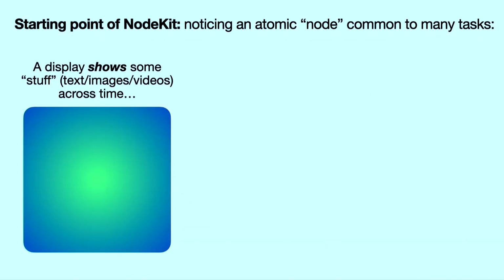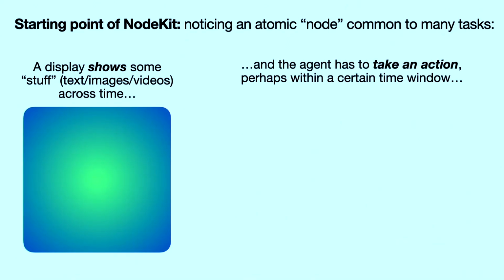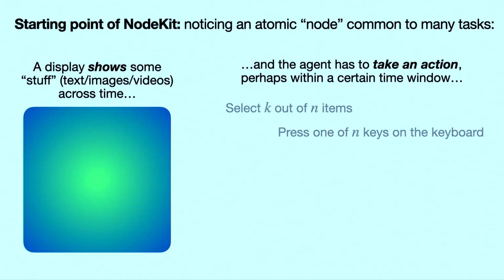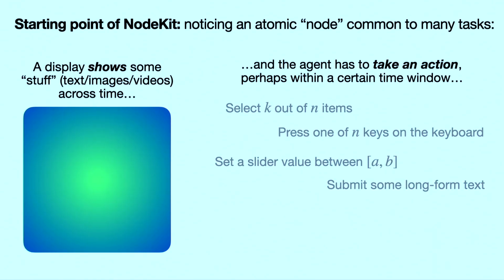First, there's usually a display that shows some stuff, like a piece of text, some images and/or some videos that vary across time, perhaps. And then the agent or the participant has to take an action, perhaps within a certain time window. An example might be they have to select some number of items, press a key on the keyboard, set a slider value, maybe submit some long-form text, or maybe do nothing and they just have to wait for some time.